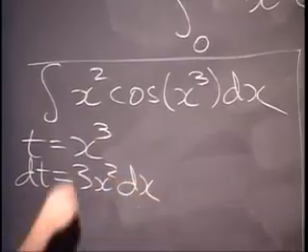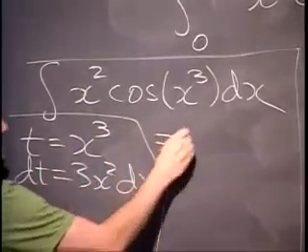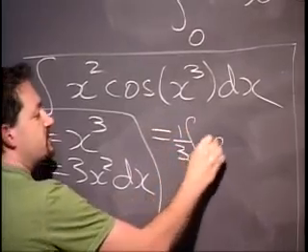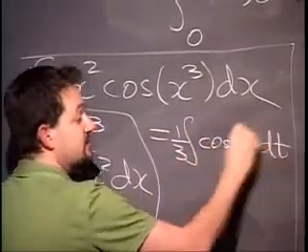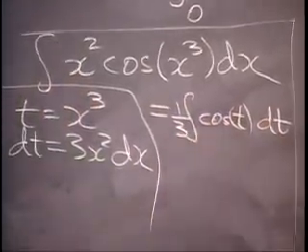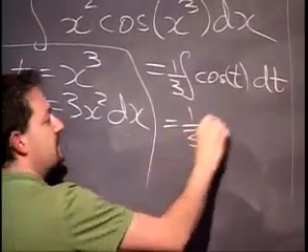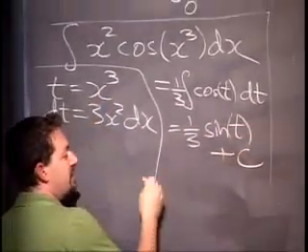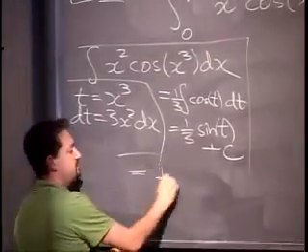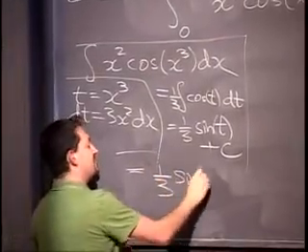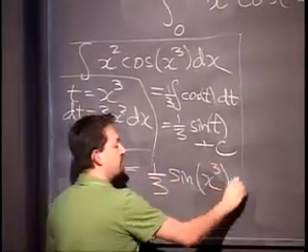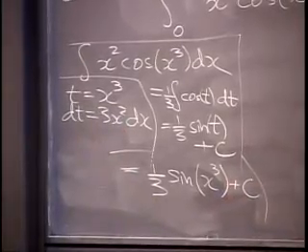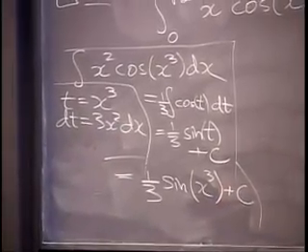We divided by 3, and in t land this thing worked out to be 1/3 cosine of t dt, not dx like I wrote before, and so you get 1/3 sine t plus a constant, and this worked out to be 1/3 sine x cubed plus a constant. And I went through that very quickly, as I said, because I just did that example 10 minutes ago.